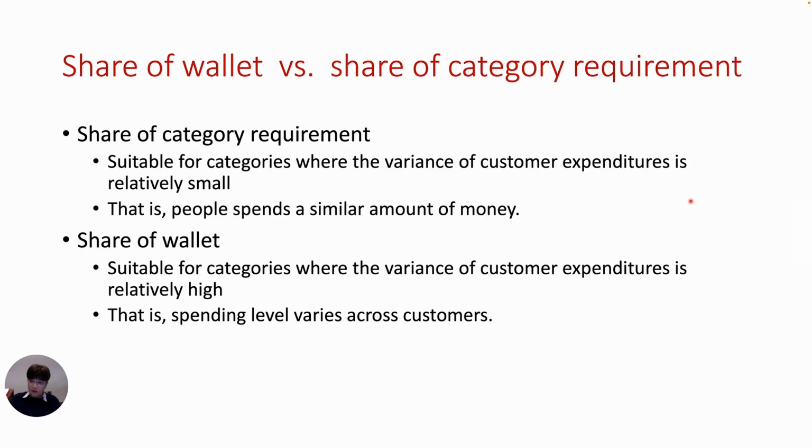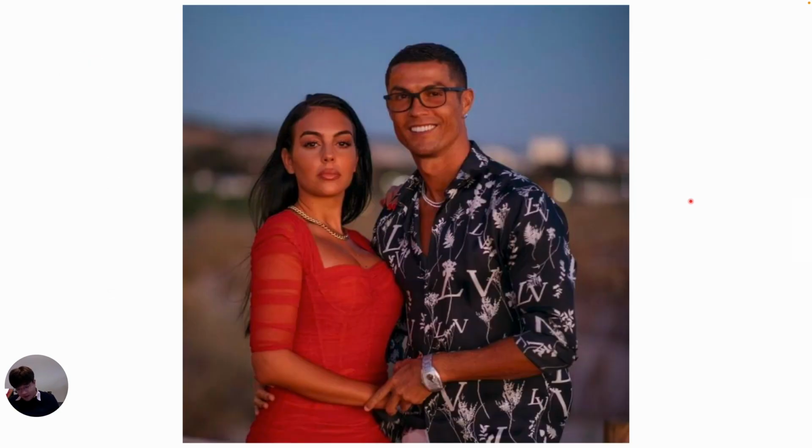On the other hand, the share of wallet is good for the categories where the variance of customer expenditures is relatively high. Let's think about fashion items. Here is one of the most famous soccer players, Cristiano Ronaldo, and his girlfriend.